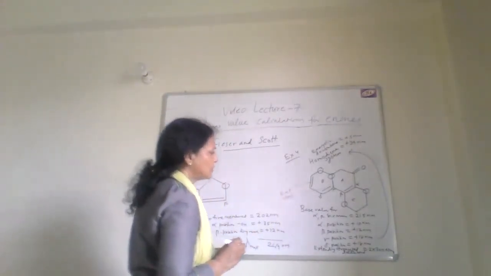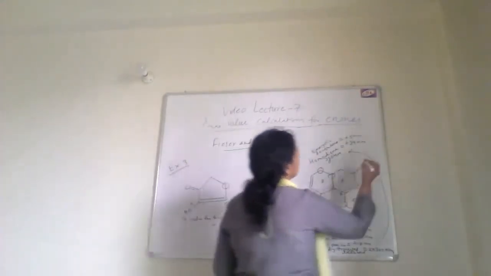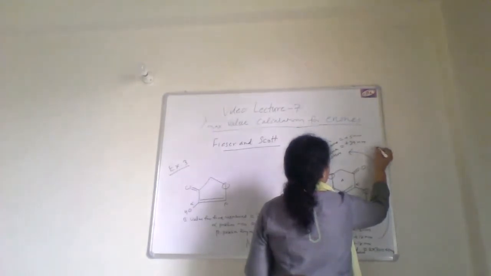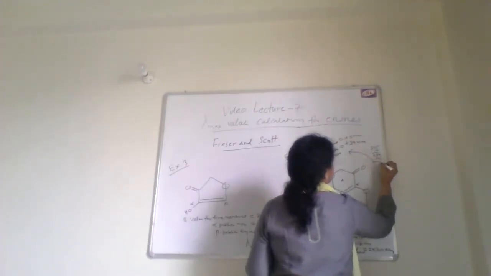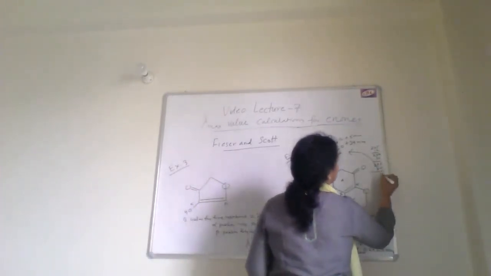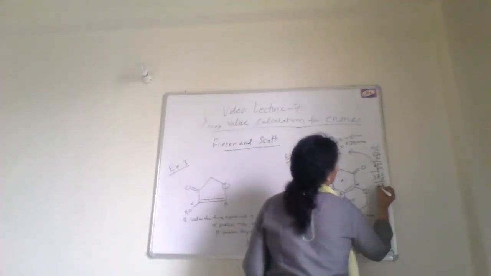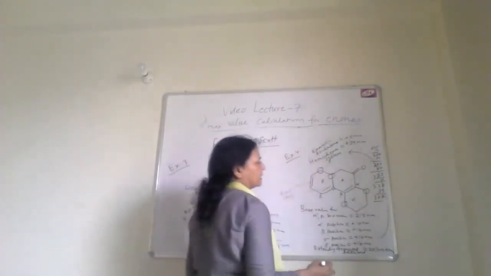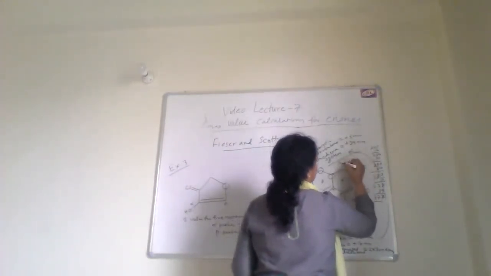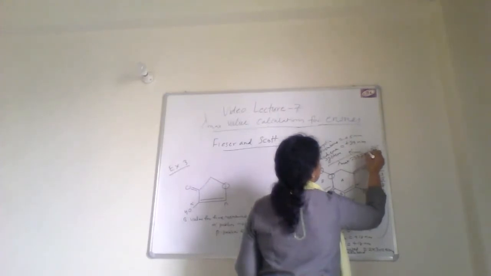Now, sum up all these values: 215 plus 10, 12, 18, 18, 63... that's 338, plus 39. The total lambda max is 377 nanometers.